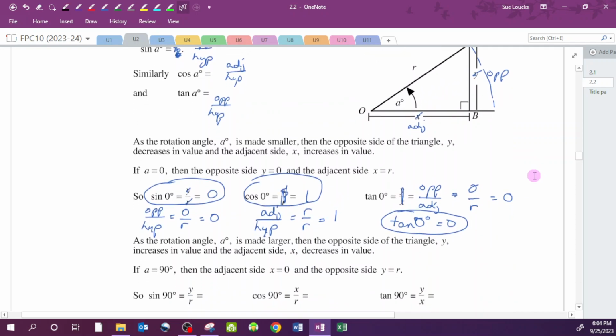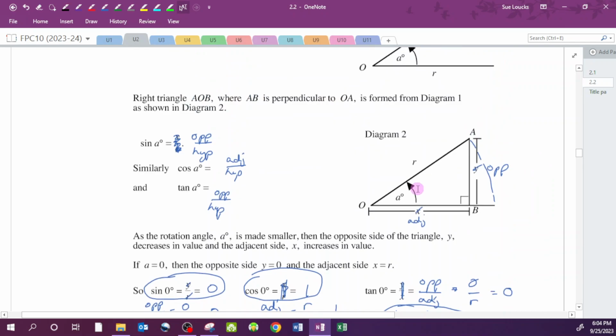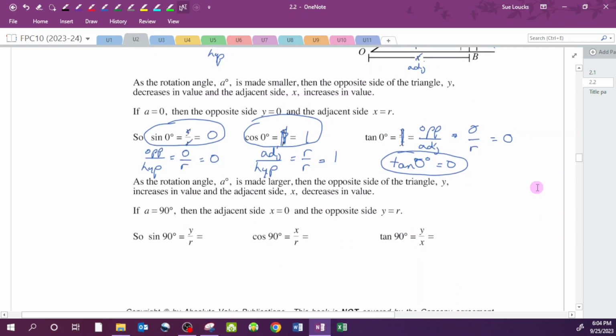Now let's do it the other way. If A gets bigger and bigger, so picture this, A is getting bigger and bigger until it's at 90 degrees, then the opposite is going to equal r, and the adjacent is going to be 0. So the sine of 90 is opposite over the hypotenuse.